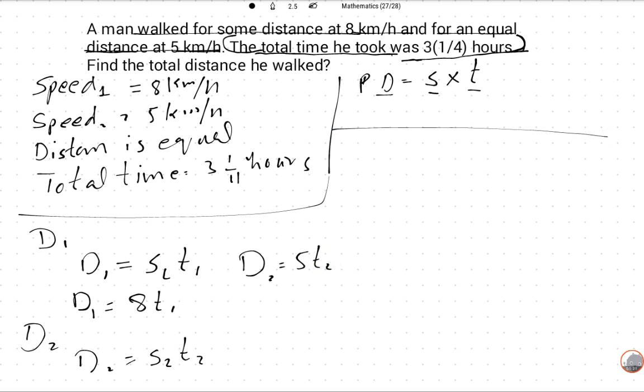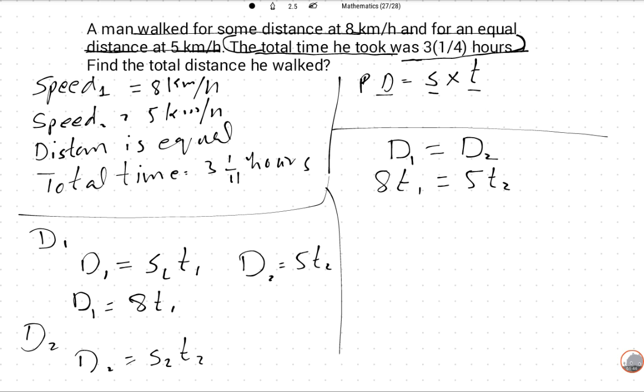So distance 1 is equal to distance 2. We can skip the distance by this. So distance 1 is 8t1 and distance 2 is 5t2.